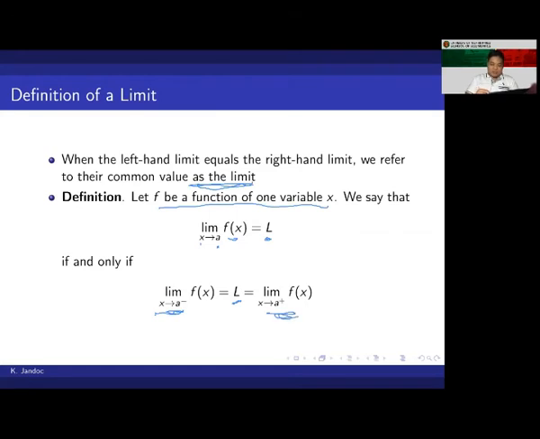As x approaches a from the right, that limit will be equal to L, which is the same as the left hand limit. This common value will be the limit. So it doesn't matter if you approach a from the left or from the right. If it gives you a common value, then that's called the limit.